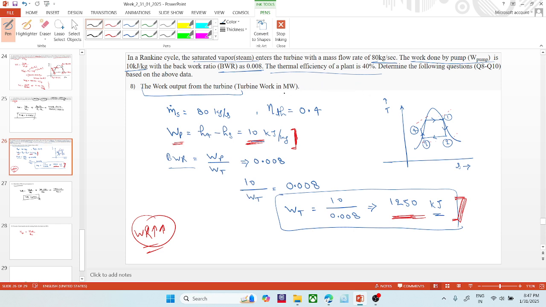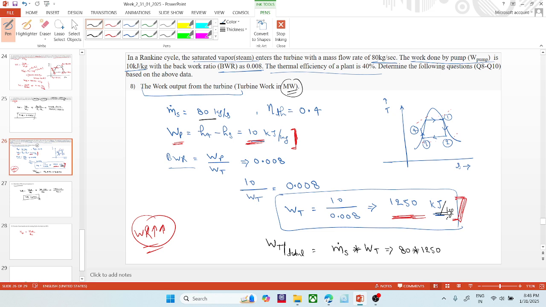Actually, this work we have to determine in megawatts, and here we have determined it in kilojoule. So WT total would be the mass flow rate of steam, in kilojoule per kg, times the WT. This value is given: 80 into 1250.